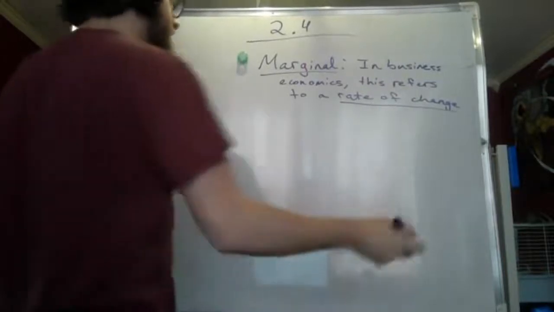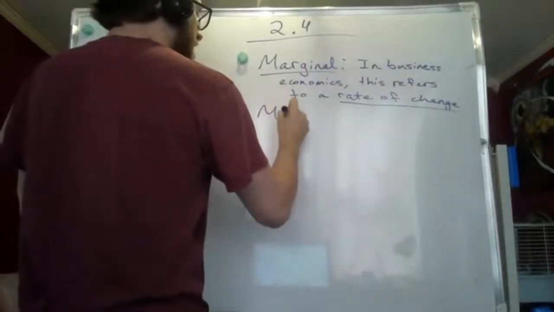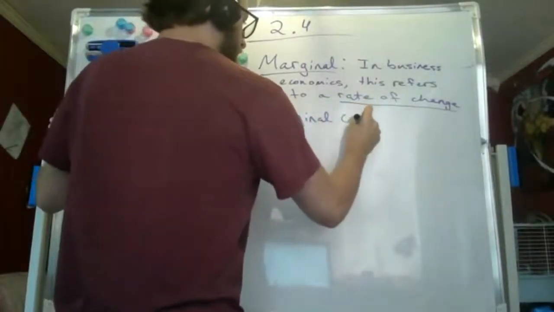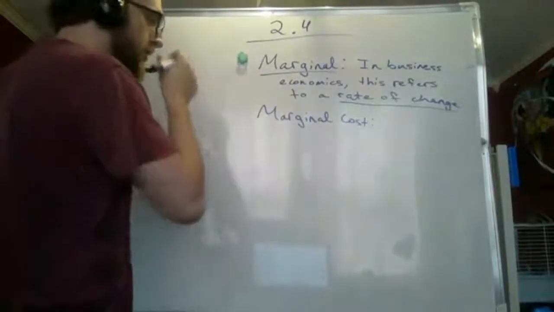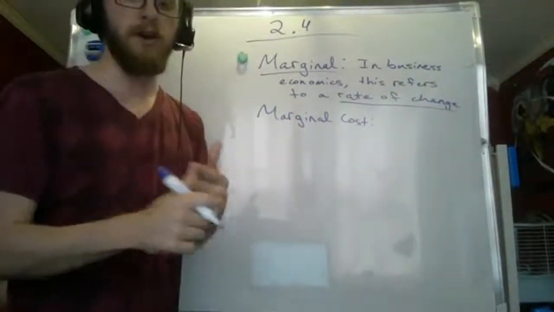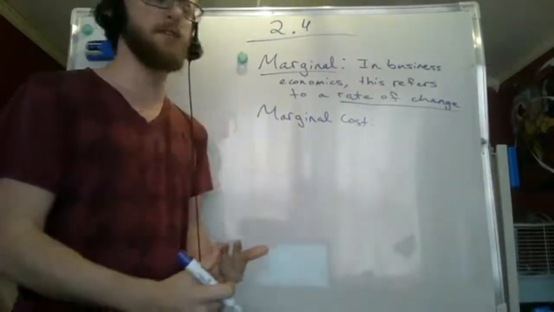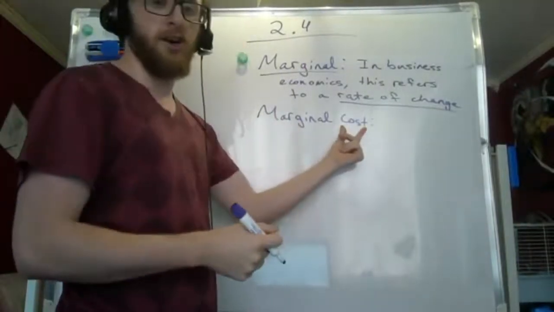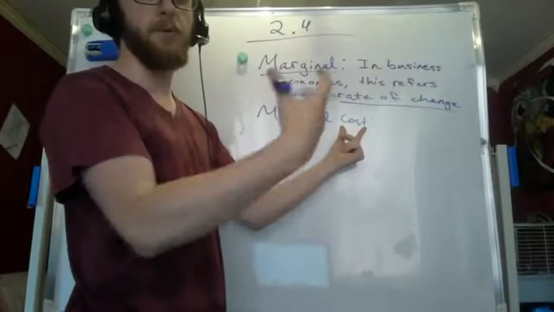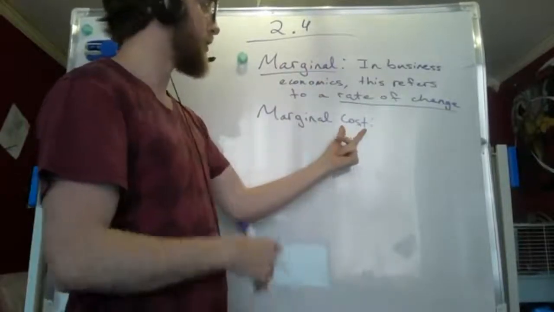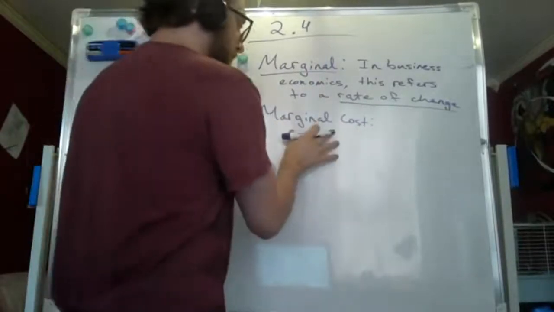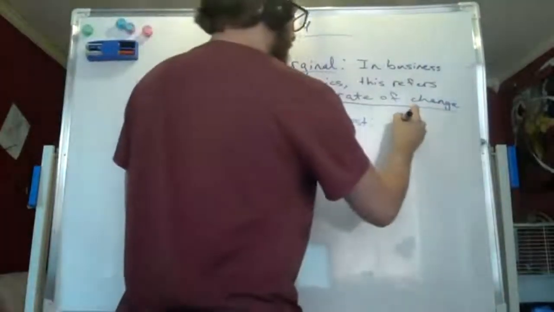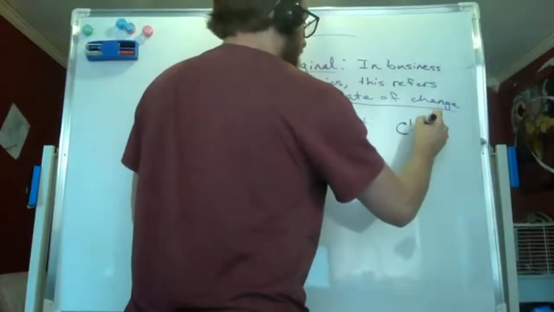So when you see things like marginal cost, in business, they'll use terms like marginal cost, marginal revenue, marginal profit, all just to mean the rate of change for cost. How is cost changing at a particular time? So marginal is the rate of change. It's just your cost function, and you take the derivative of it.